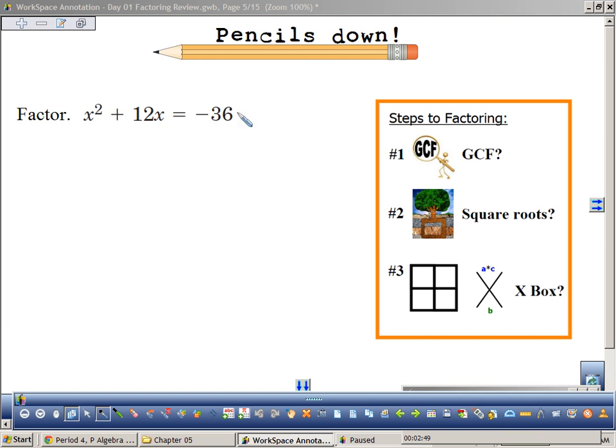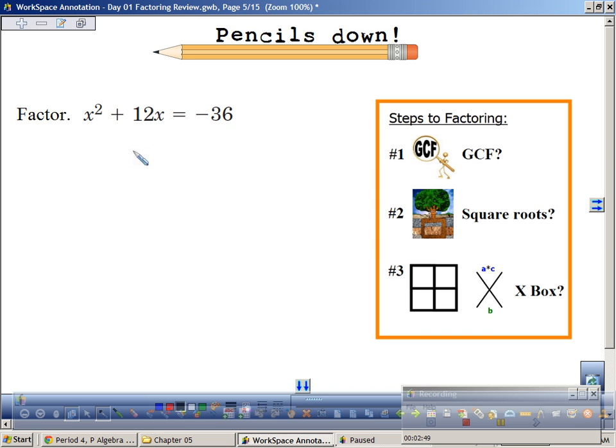All right, so let's try this one. This one looks a little bit different, right? Especially since it doesn't have a 0. So what can I do so it does have a 0? Add 36 to both sides. So we'll begin with x squared plus 12x plus 36 equals 0.